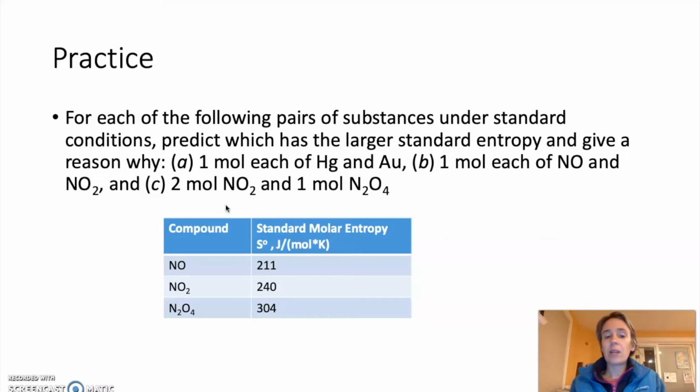But if we are looking at different amounts, since these are per mole, if we have 2 moles of NO2, we will multiply that quantity times 2 to get that total amount of entropy, because the more molecules we have, again, the more potential for dispersal there is. So multiplying standard molar entropy by the number of moles would give us the total amount of entropy, and it would be greater than 1 mole of N2O4.